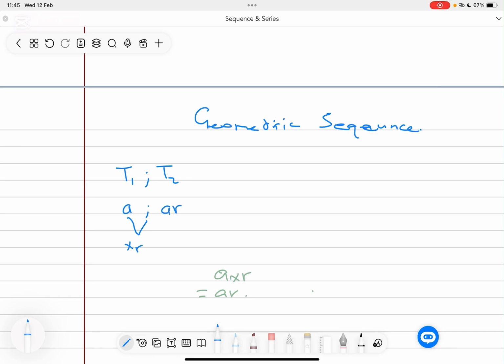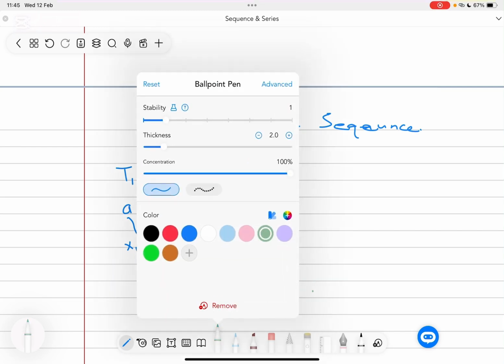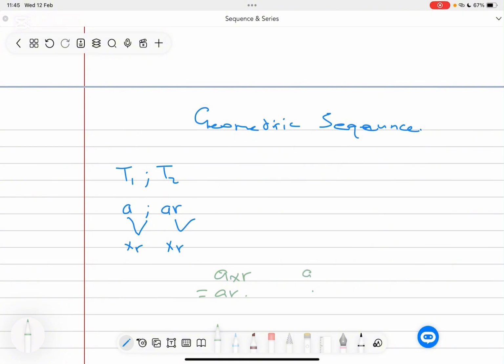We further go on to do term 3 by multiplying by the same number R, so that now I'm taking this AR and multiplying it by an R. Now this would mean that I will have AR times the R, and this would give me A R squared. Remember here I'm going to keep the base and add the exponents, our rules of exponents.